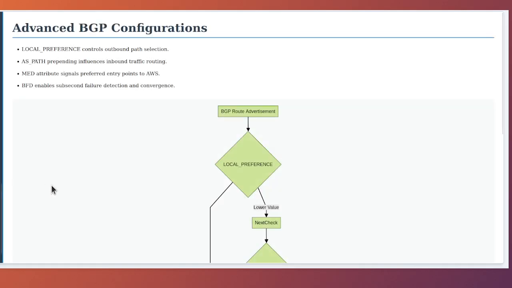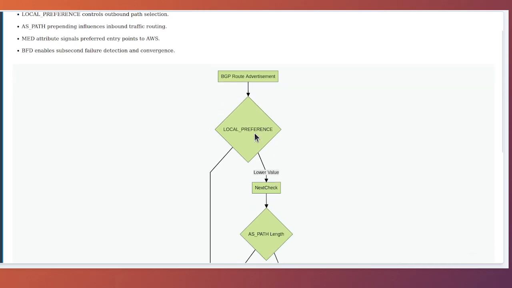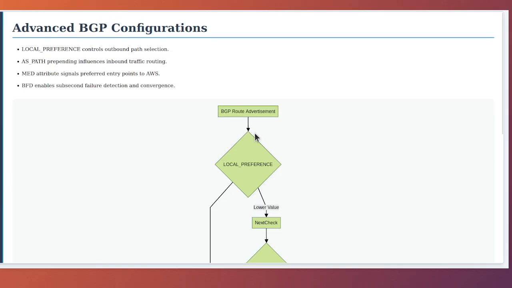Advanced BGP configurations. Border Gateway Protocol provides powerful capabilities for controlling traffic flow in Direct Connect architectures. Understanding advanced BGP features allows you to implement sophisticated routing policies that optimize performance and costs. BGP communities are one of the most useful advanced features.